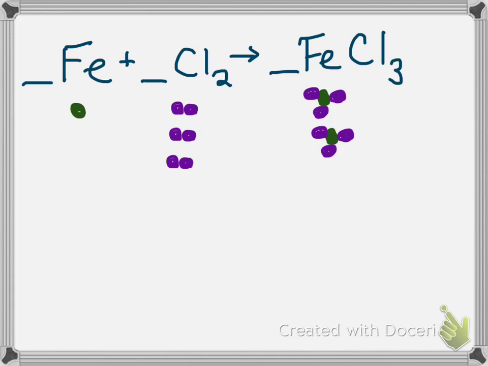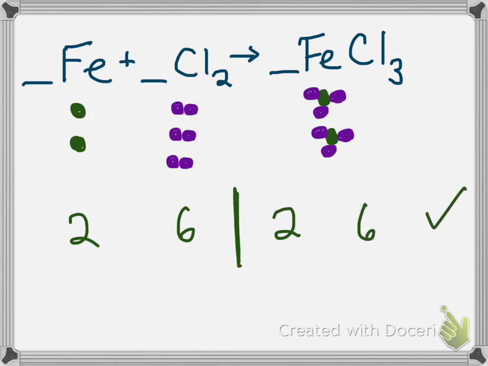So my chlorines are balanced. However, because I needed to add another product, I now have 2 iron atoms on my product side. So I'm going to need to add another iron atom on my reactant side. So now I have 2 irons and 6 chlorines on my reactant side, and 2 irons and 6 chlorines on my product side, so I am balanced.